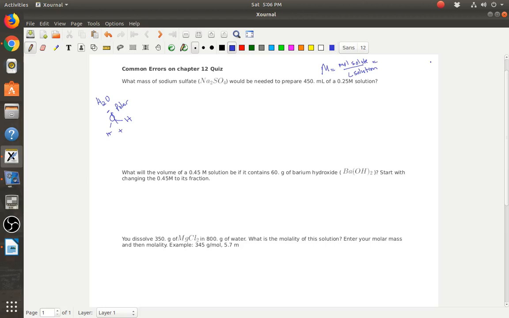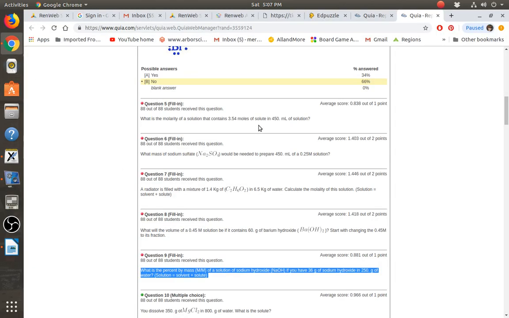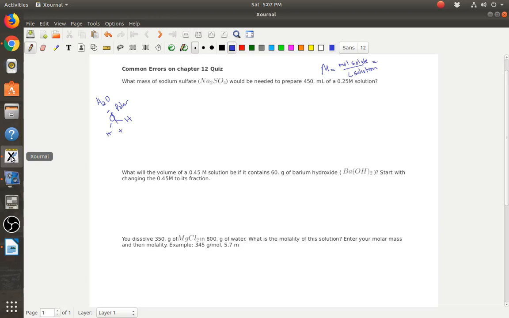So with this one you'd have to make sure you put it in carefully. The moles of solute were 3.54 moles in 450 milliliters of solution. So 3.54 moles in 450 milliliters. We'll see it's got to be in liters. So you take 450 milliliters and you turn it into liters.